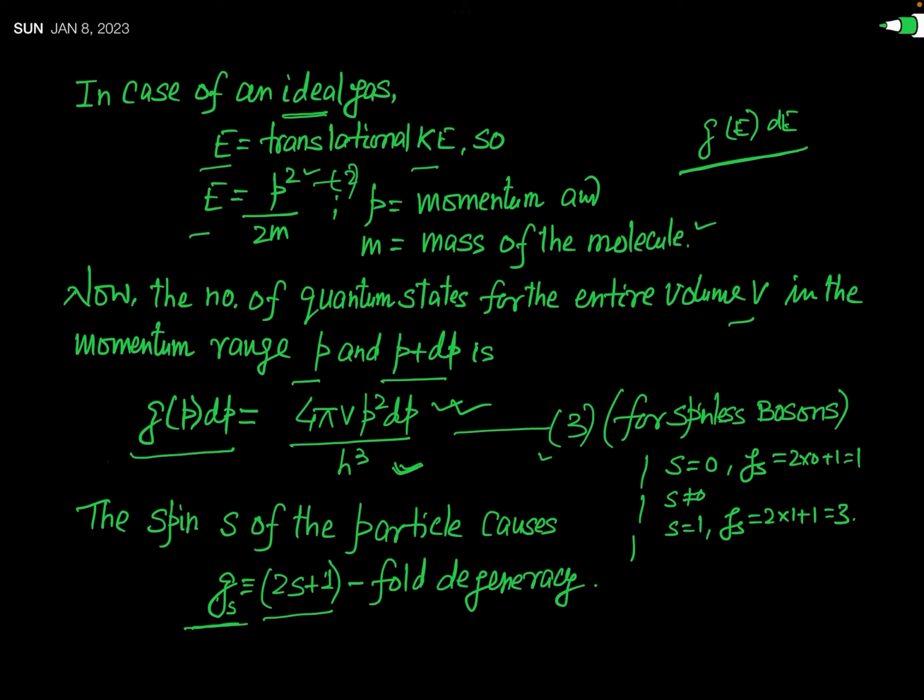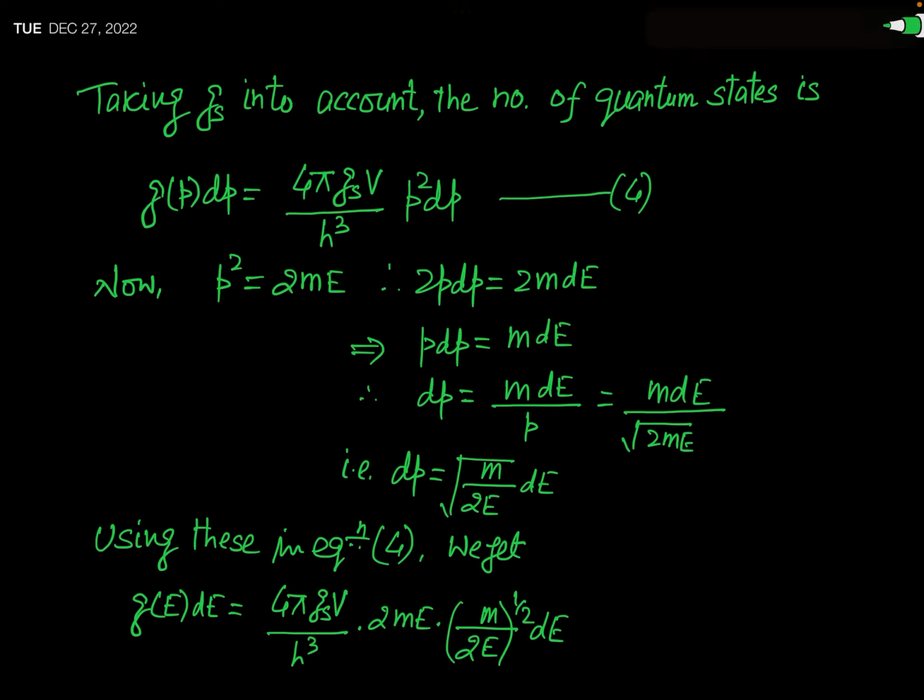Then you will get the actual value of G of P dP. So G of P dP in this condition can be written as 4 pi Gs into V over h cube times P square dP. Are you getting the things? Definitely, this fact has been discussed earlier in several videos, so I hope you have an idea of this.